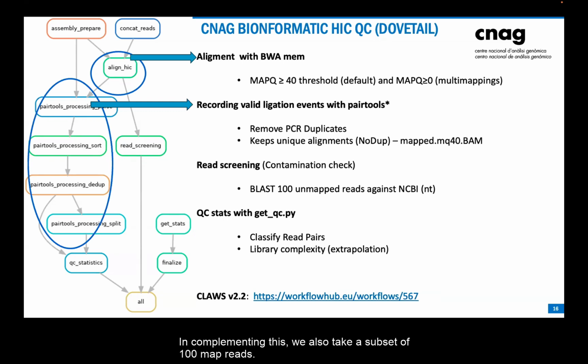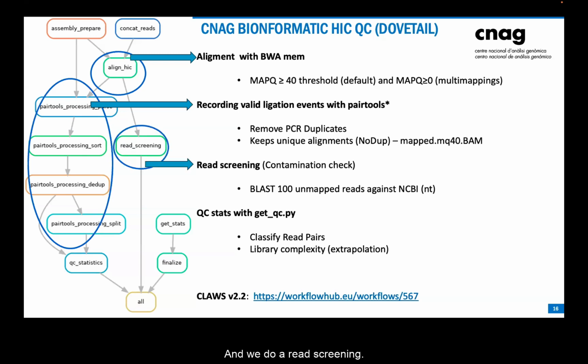In complementing this, we also take a subset of 100 mapped reads, and we do a read screen that is basically blasting them against NT. Why do we do that?